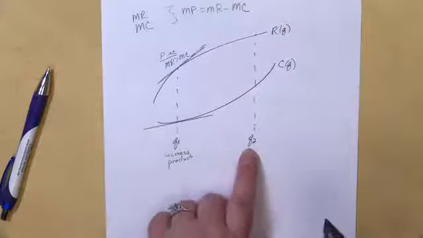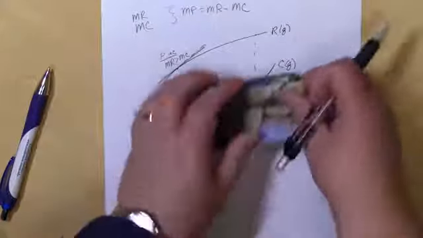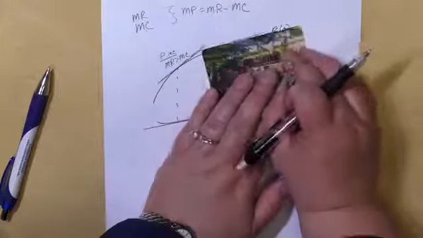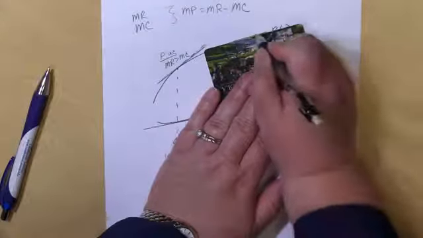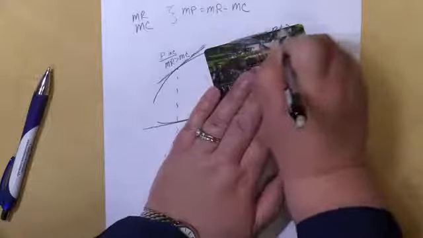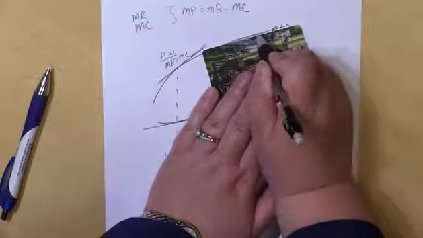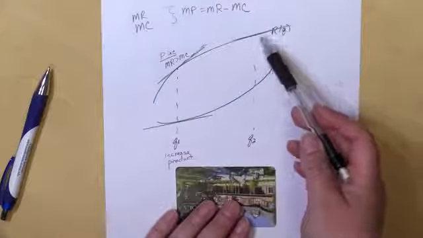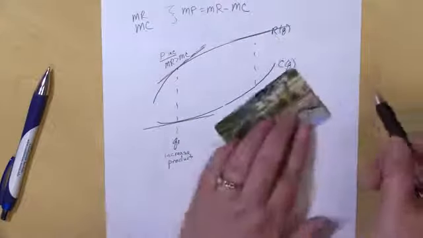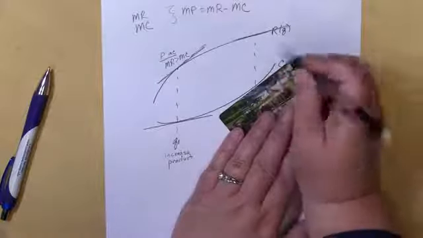Let's look at Q2. Again, if we look at the slope, it almost looks like a line on that part of the curve. And so the slope, the value of the derivative of the revenue, the slope of that tangent line looks like that.